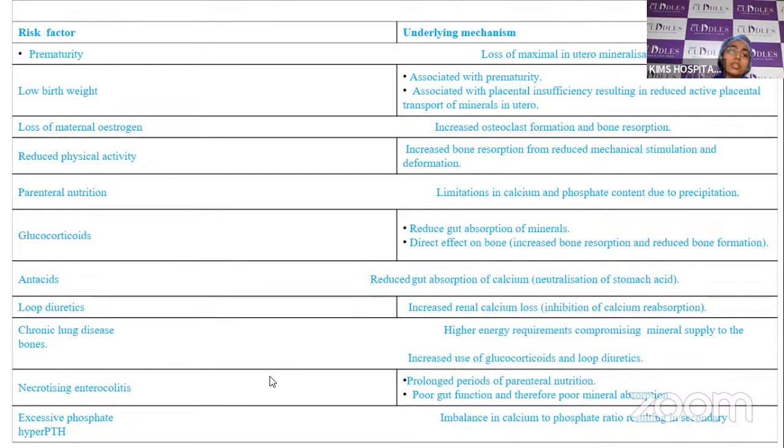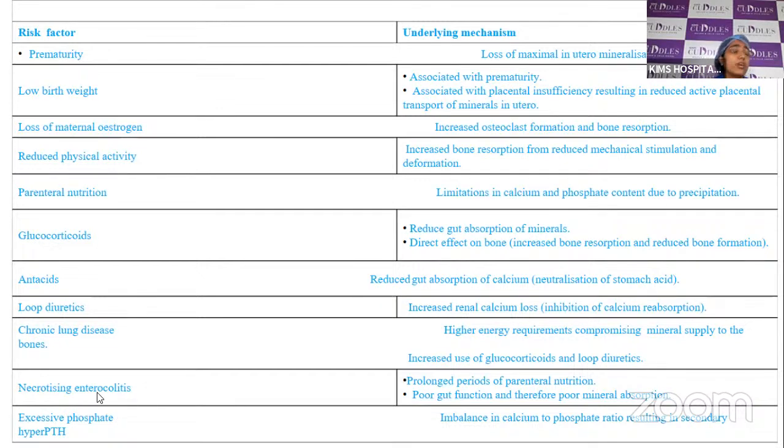In necrotizing enterocolitis, NEC, we will keep the baby NPO and give TPN. TPN again will have its adverse effects on calcium and phosphate metabolism, and poor gut function will also lead to poor absorption of the minerals. Another thing is excessive phosphate supplementation. This is very important.